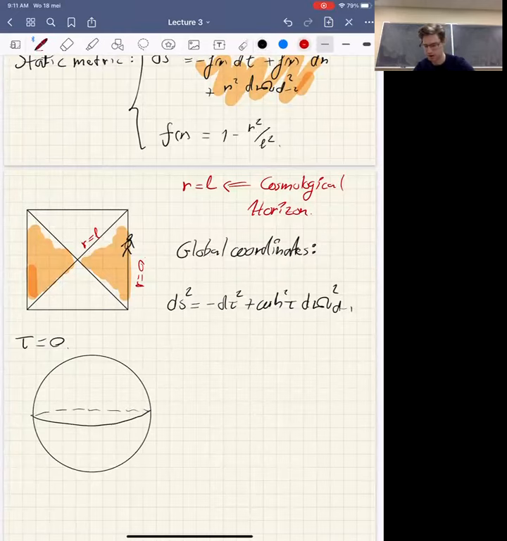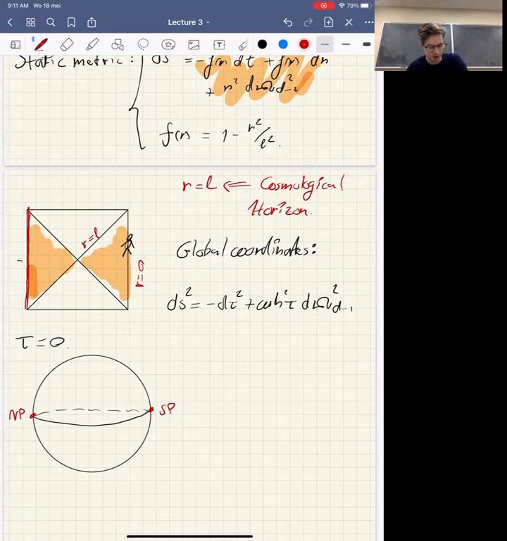This is a tau equals 0 slice, and here we can define two points on this sphere, which we can call the North Pole and the South Pole. You can always select two antipodal points this way, and by selecting two such points, you're defining what you mean by these regions r equals 0 here.